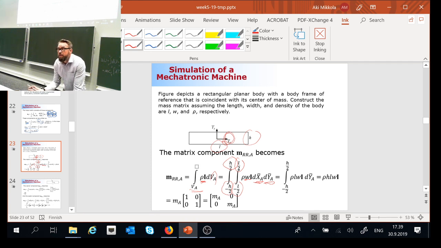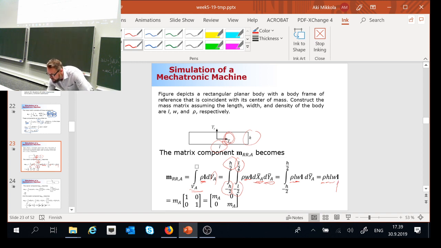The rest is pure mathematics. Well, actually, no real mathematics is needed, because you know what's going to happen in the first integral. You're going to get the length here. So now it is the density multiplied by length multiplied by thickness. Then when you do the final integration, you're going to get density multiplied by height, multiplied by length, multiplied by thickness, and all that will be multiplied by the 2 by 2 identity matrix.